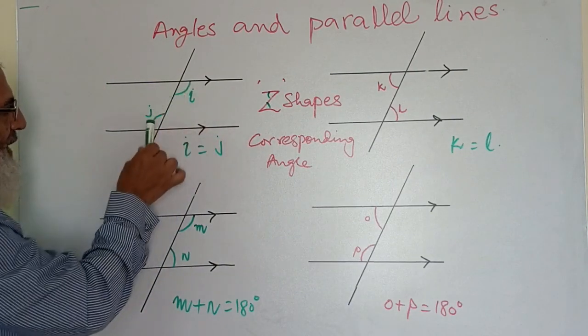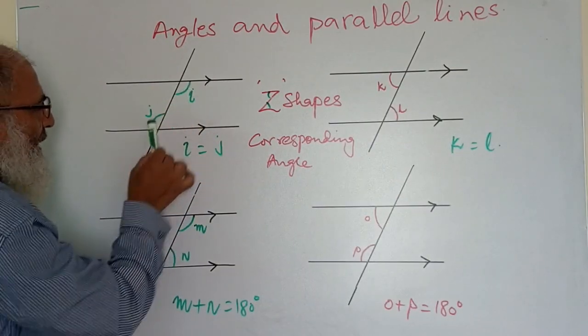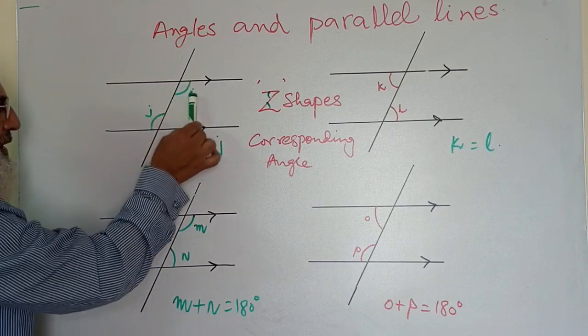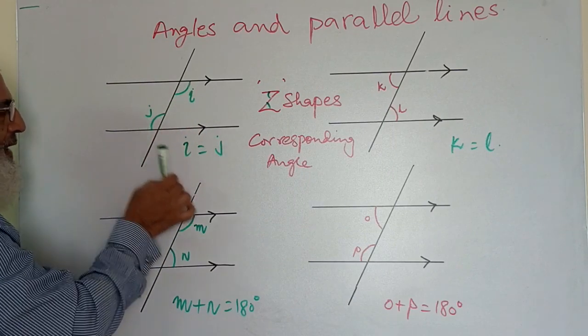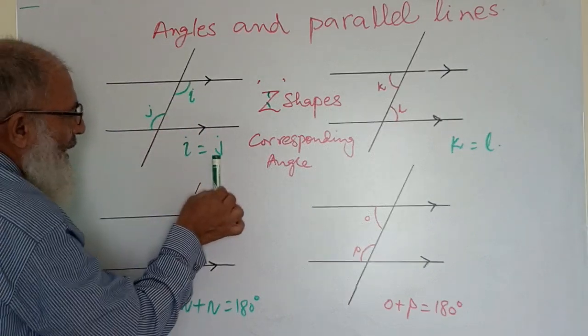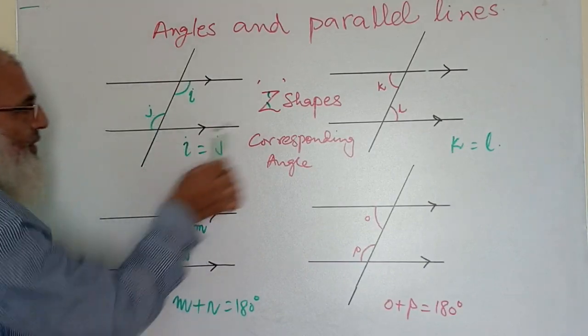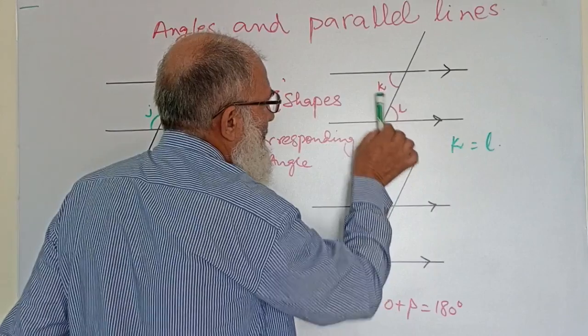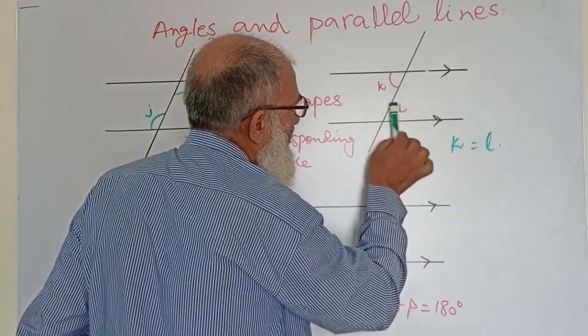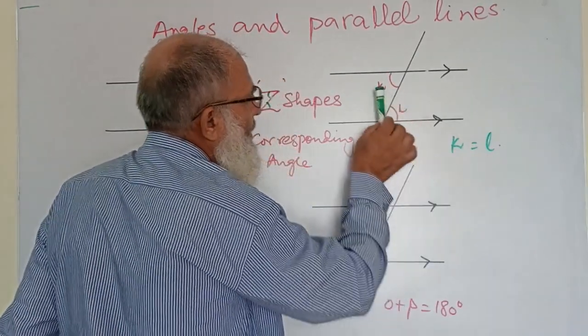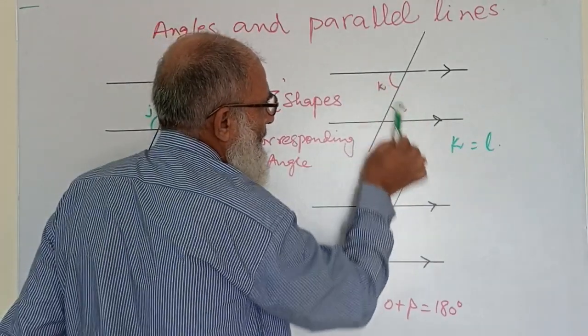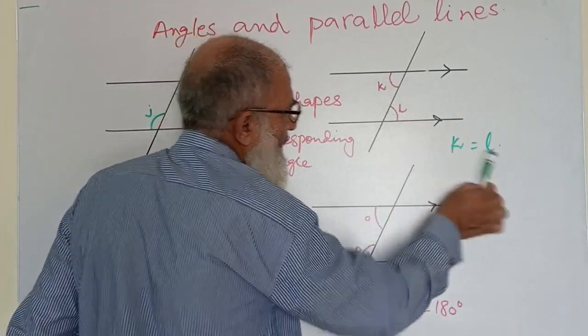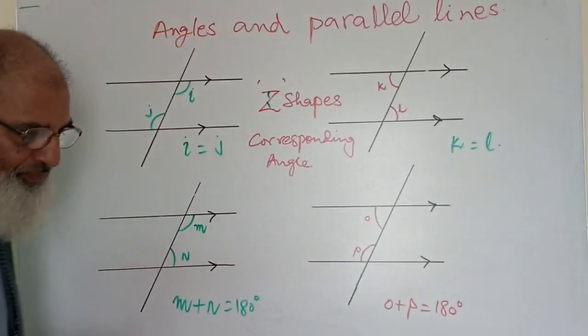The angle over here and here are equal. These are the interior opposite angles. Z shape corresponding angles are equal. Here in this case also K is equal to L, because these are interior opposite angles, and these are equal.